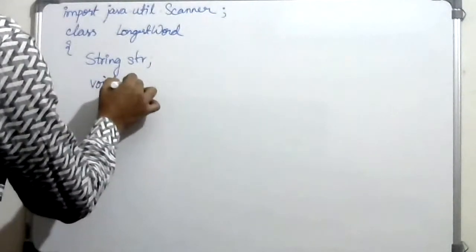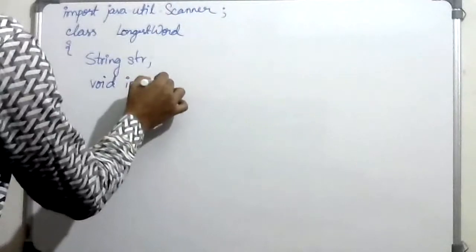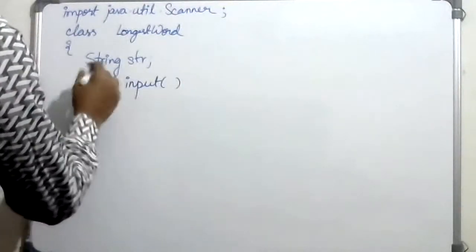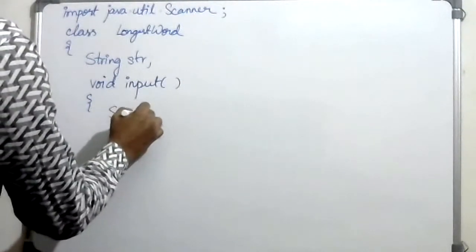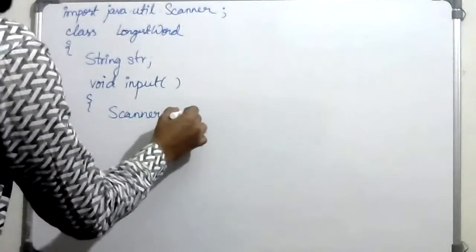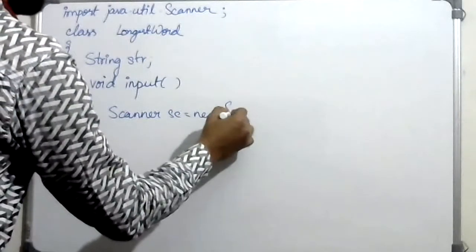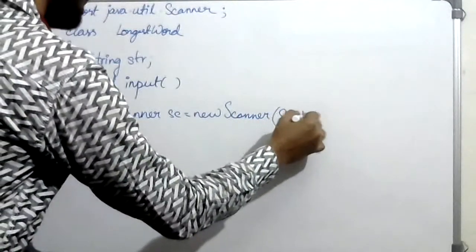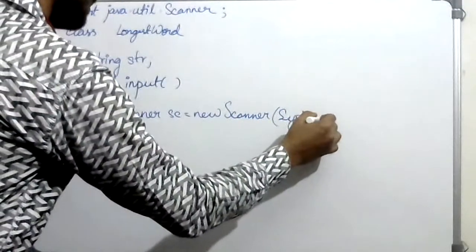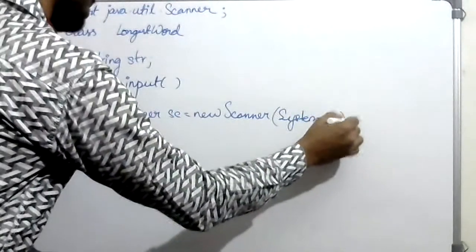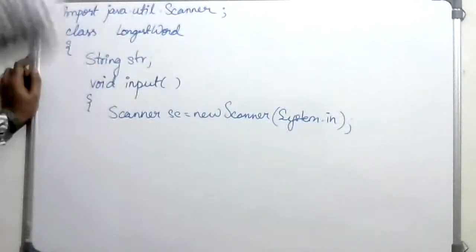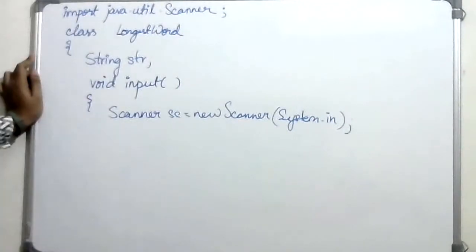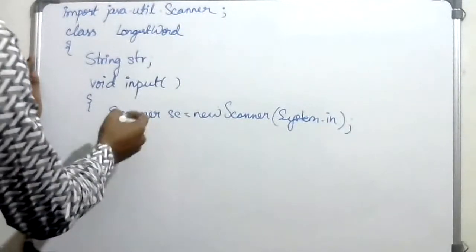So void input, no arguments. Inside we'll have the scanner object, as usual, scanner SC is equal to new scanner system dot in. So the void input function is basically the same for every program up until now.